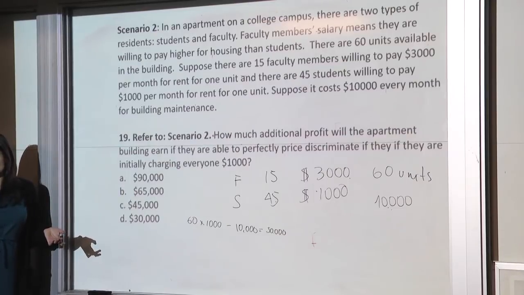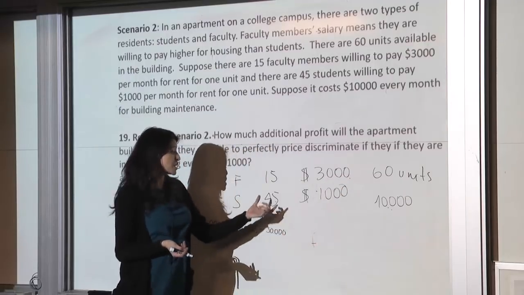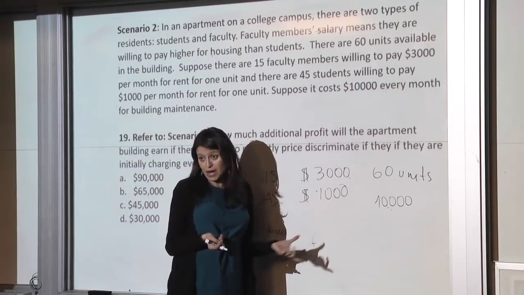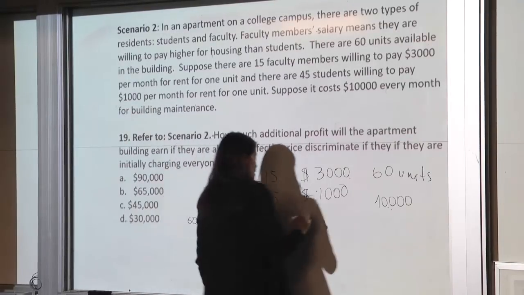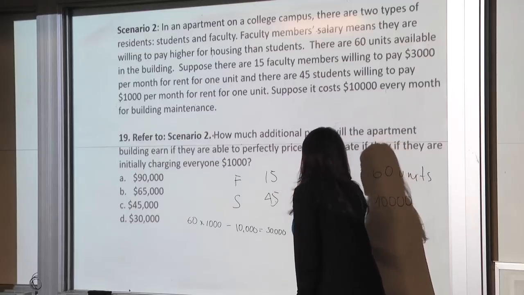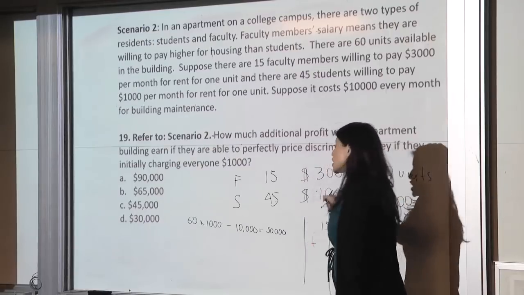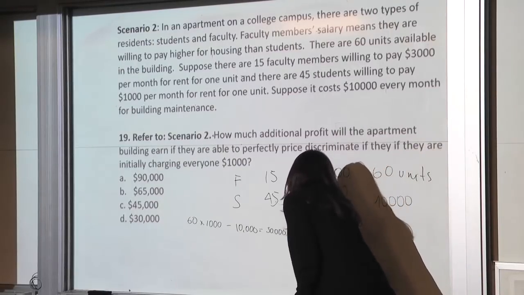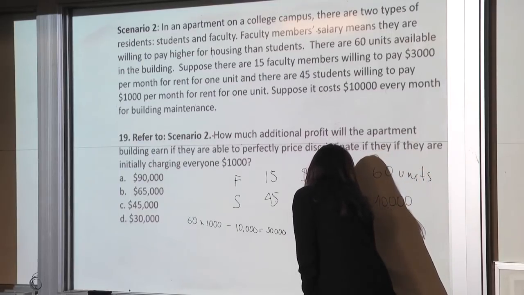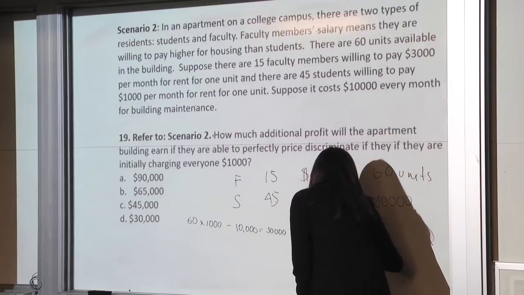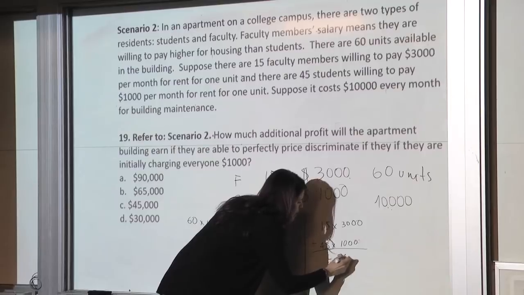What is price discrimination? I charge the faculty their willingness to pay, and I charge the students their willingness to pay, right? So that will give me what? If I charge the faculty 3,000, I will get 15 times 3,000. And if I charge the students 1,000, I will get 45 times 1,000. This will be equal to 90,000, right?